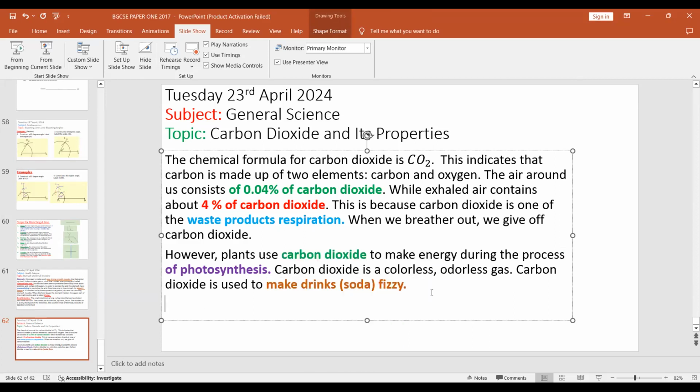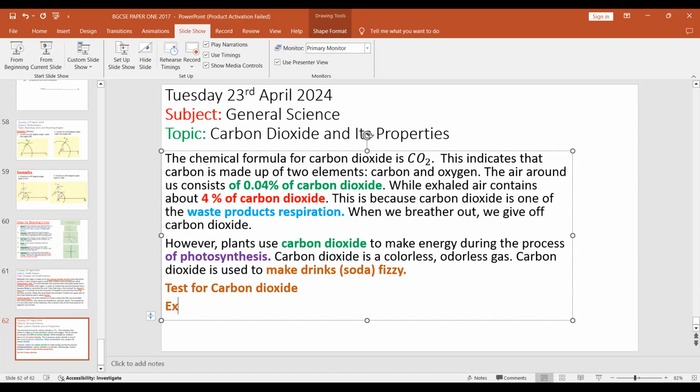Next, what else do we need to know about carbon dioxide? How can we test for carbon dioxide? If we want to test for carbon dioxide, what we need to do is the experiment and then the result.